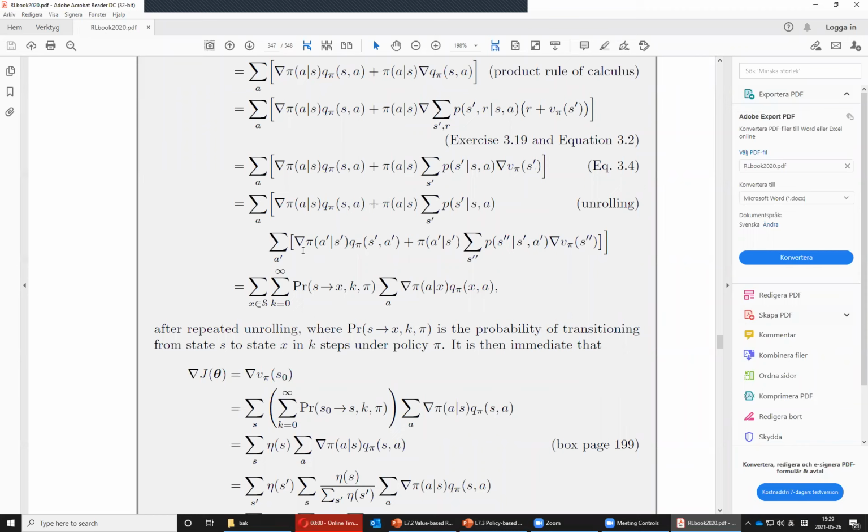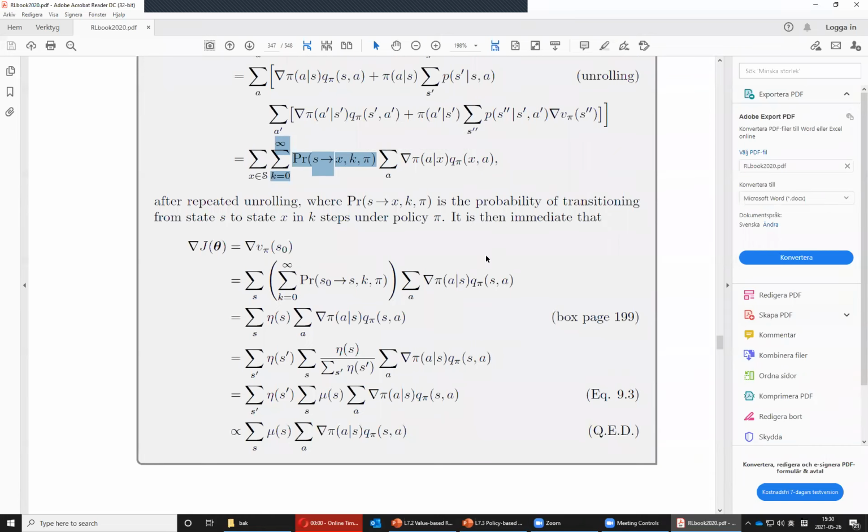So this derivation says that because of the pi a given s times the p s prime given s and a, if you multiply all the terms for any given state X, then it's the probability of starting from a given state, taking a given action A, transitioning to the next state, and then taking another action A prime and transitioning to the next state, and so on. So it's the probability of moving into the state X. That's why you can replace that with this single term here.